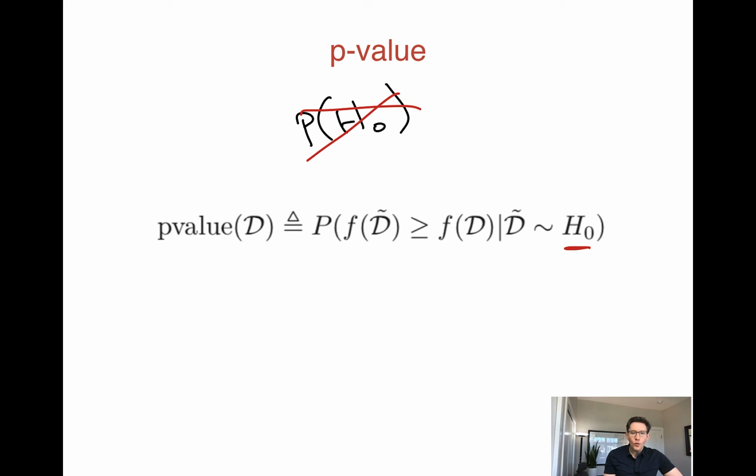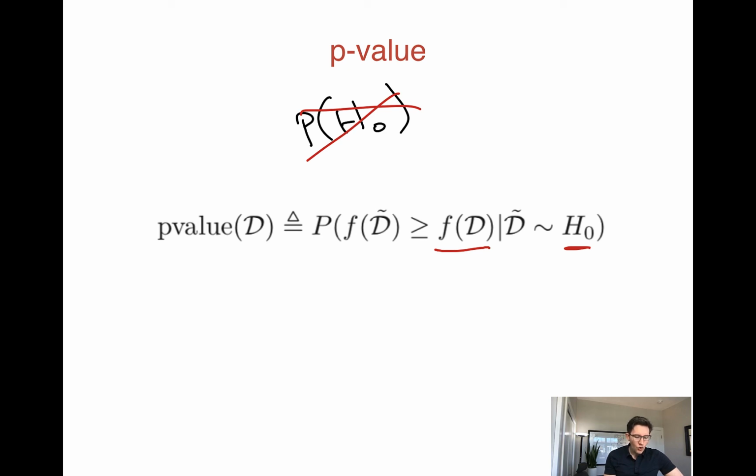Then what we're going to do is we're going to find some data. Let's say go and survey a bunch of people and ask them if they smoke and if they got cancer. That's this thing here. And we're going to compute some test statistic that is just some function of D that may be like, what is the correlation between cancer and smoking?